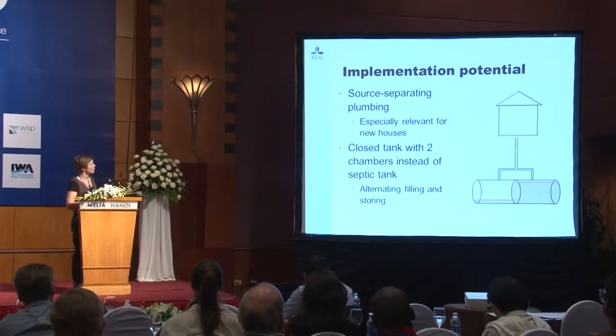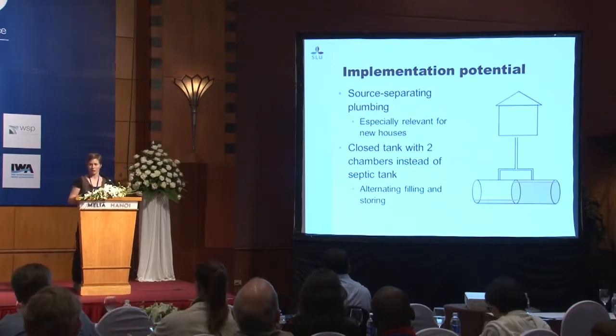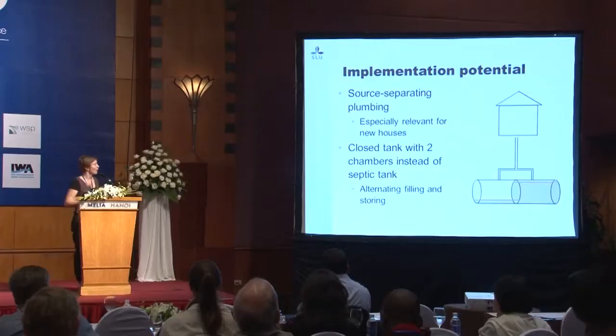So, some implementation potential. If you have source-separating plumbing, then you could separate your toilet waste from the rest of the wastewater from the household. So you could still have the convenience of having a flush toilet. In Sweden, apparently, it has been difficult to shift to dry toilets when people already have flush toilets.